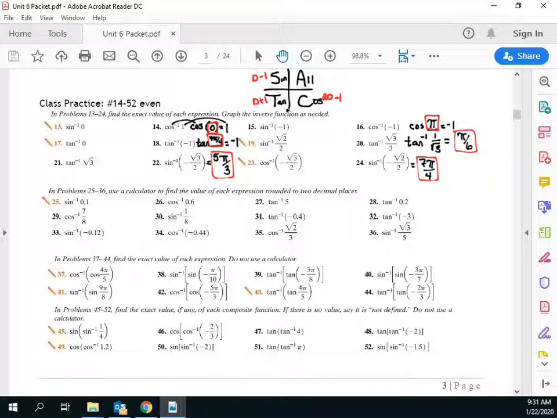Okay? So what I want you to do with your partner, guys, which is the person to your left or the person behind you, I don't care, someone that's close. I want you to go ahead and work 13, 17. Nope. I don't want you to do more tangents. I want you to work 15, 19, and 23 on your own and see how you do.